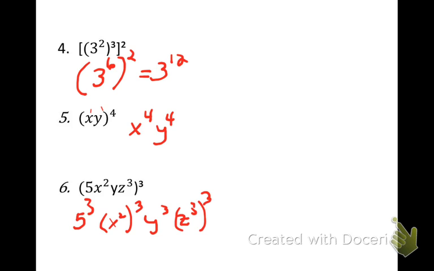So normally we just kind of do it in here. Well, 5 to the 3rd, you do need to figure this out when it's in a problem like this. 5 times 5 is 25, times 5 would be 125. X to the, again we're multiplying exponents, 6th. Y to the 3rd. Z to the, 3 times 3 would be 9. That's kind of a messy 9 there, but hopefully you can read it.